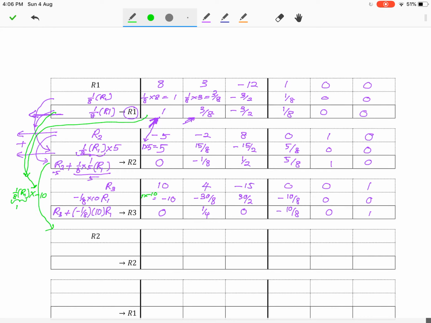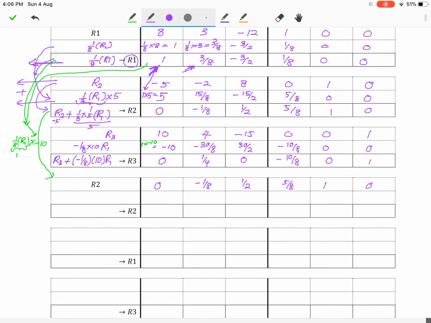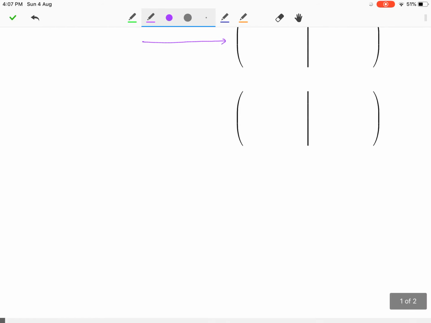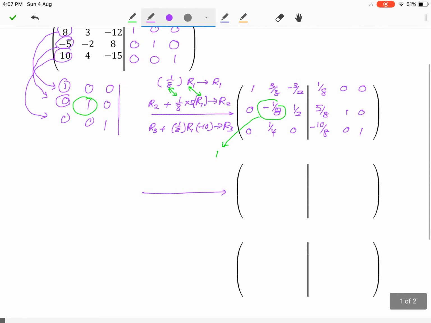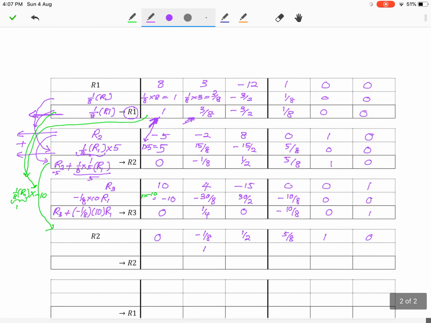So what we have: 0, negative 1 over 8, 1 over 2, 5 over 8, 1 and 0. Okay, so I want this to be 1, because negative 1 over 8 is in the middle, so I want it to be 1.